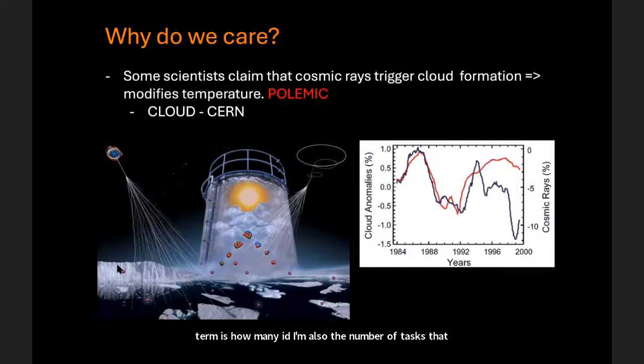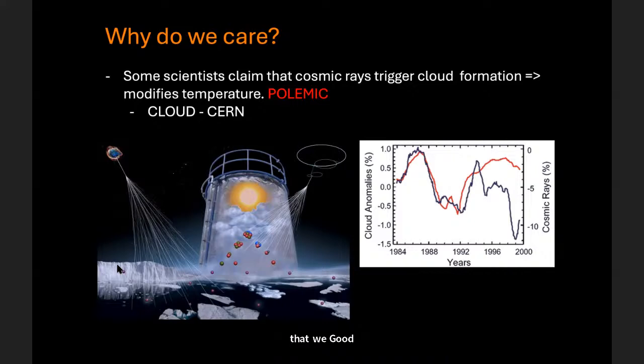So here, there are some measurements. This is time in years, this is the year 1984 and so on, and this is 2000. And this is the percentage of clouds that we may have. And these are the number of cosmic rays that we measured that were arriving at that time.